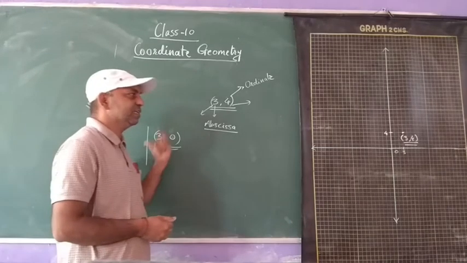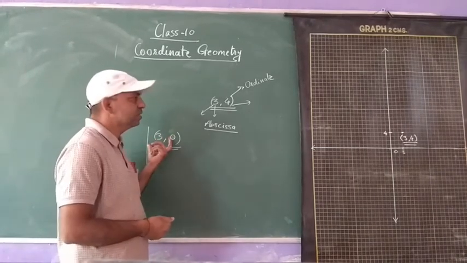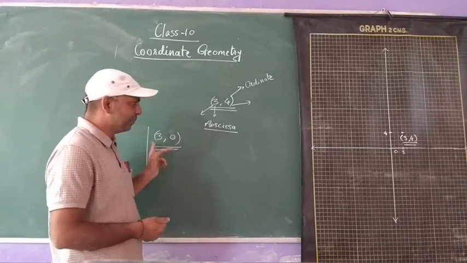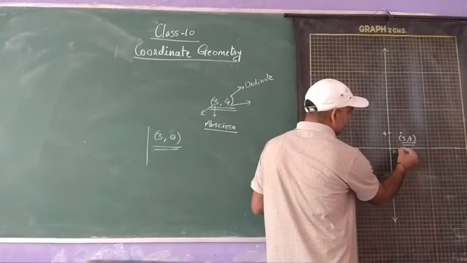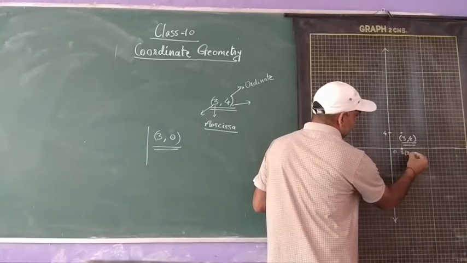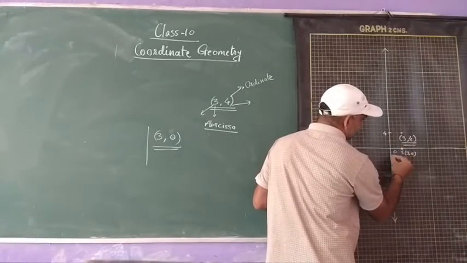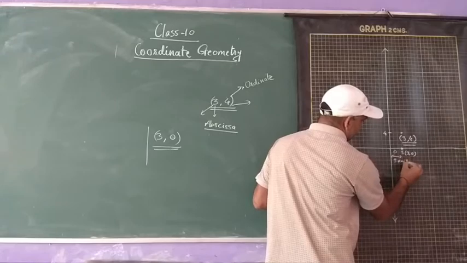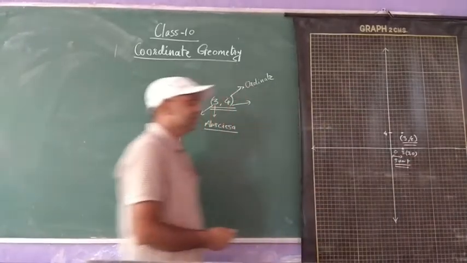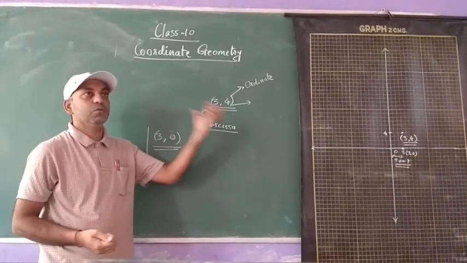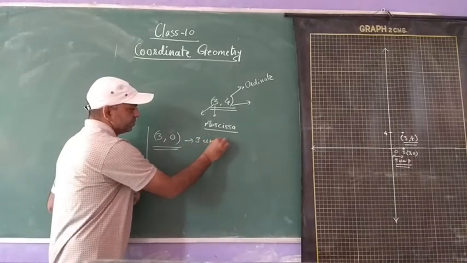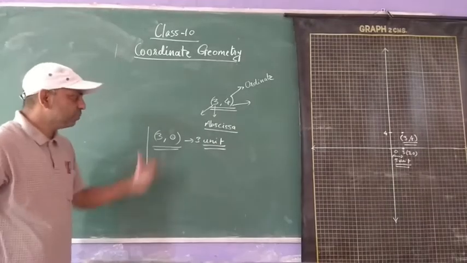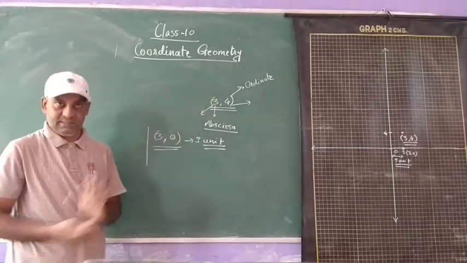First we locate this point on the x-axis. The abscissa is 3 and the ordinate is 0, and this distance is 3 units. So the distance of this point from the origin is 3 units, because this point lies on the x-axis.